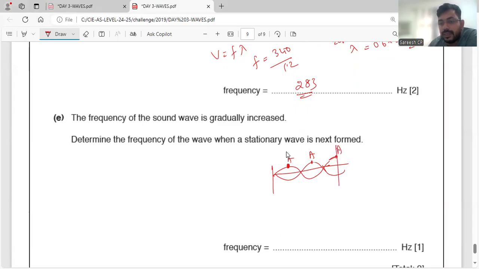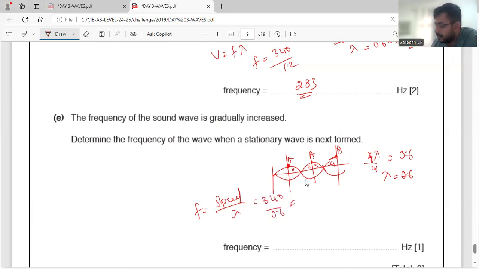So from here, lambda by 4, 2 lambda by 4, 3 lambda by 4, 4 lambda by 4. 4 lambda by 4 is equal to the length of the pipe, 0.6. So lambda is equal to 0.6. So the frequency is equal to speed divided by wavelength, which is 340 divided by 0.6. You get 567 hertz.